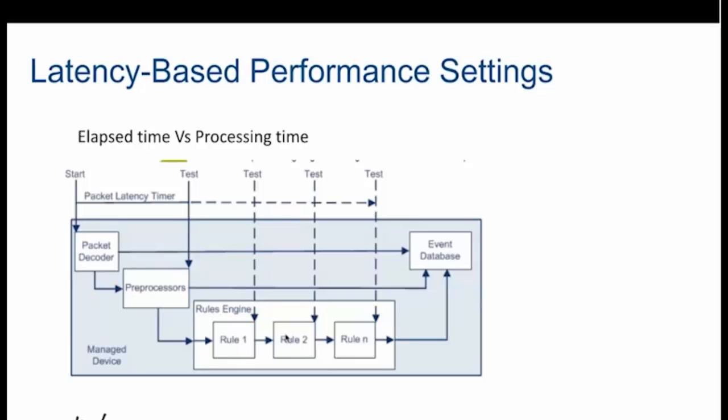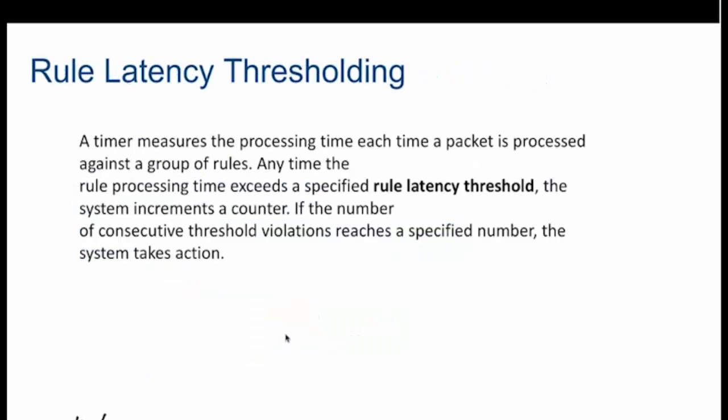Because of a wrongly written rule, there shouldn't be any latency in the network. To avoid that type of latency, we can use the rule latency threshold. What it basically does is start a timer when rule matching starts.